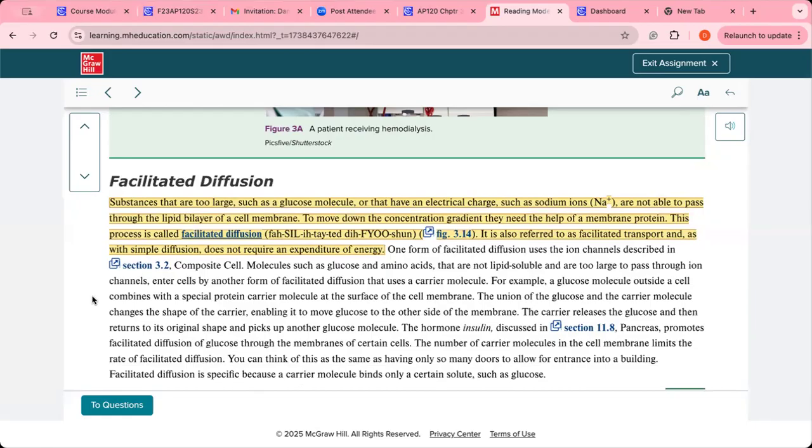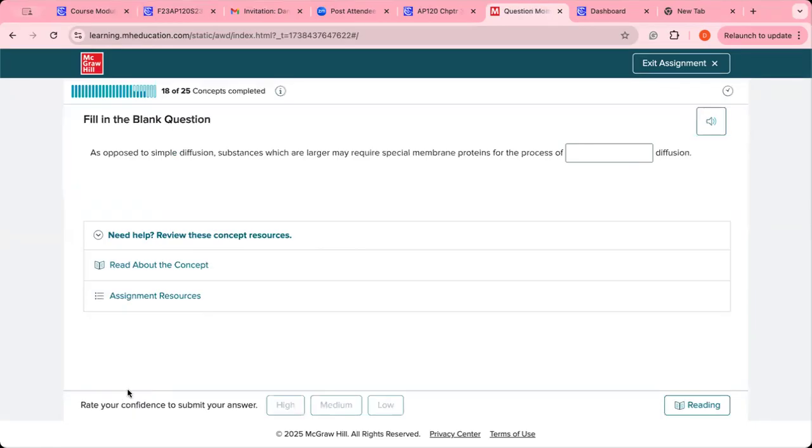It is also referred to as facilitated transport, and as with simple diffusion, does not require an expenditure of energy. Facilitated diffusion is the answer to that question.